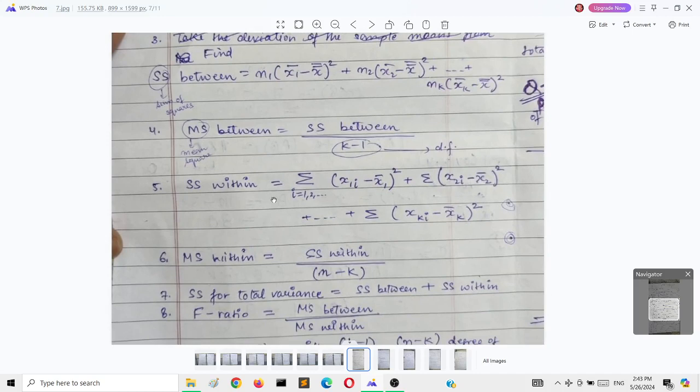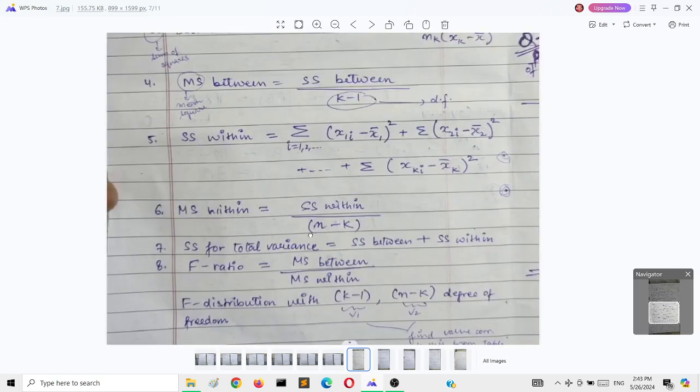So what is this? You are summing over 1 to n, and then doing (x1i minus x1 bar) whole square, plus the summation over (x2i minus x2 bar) whole square, going up to (xki minus xk bar) whole square, and then dividing by n minus k, right? N minus k is the particular term.